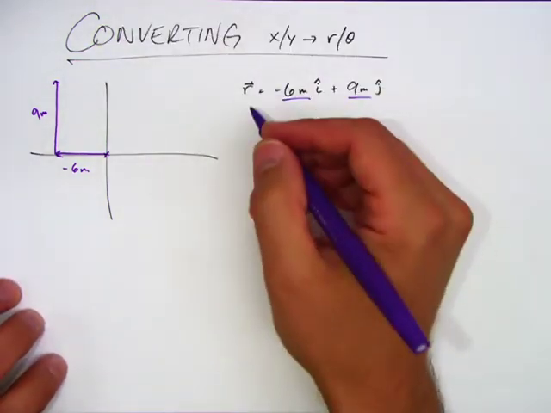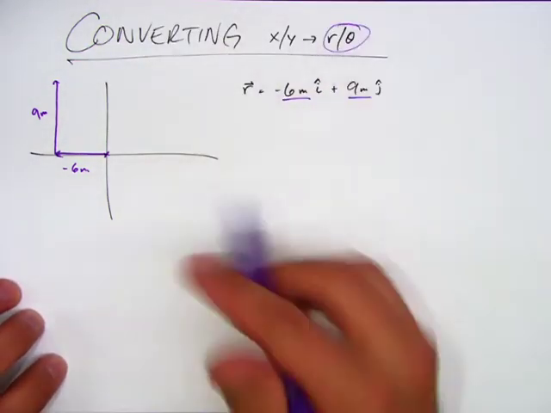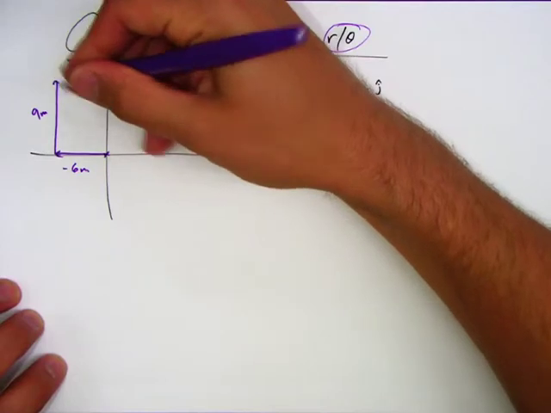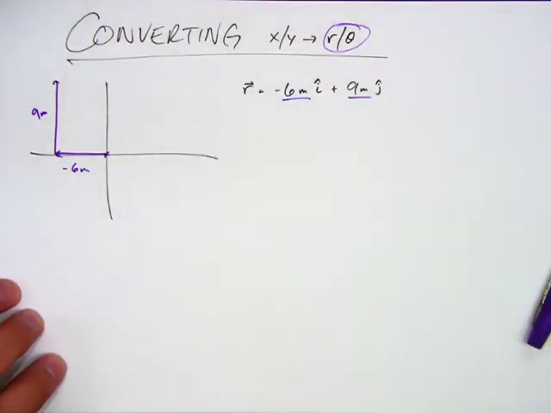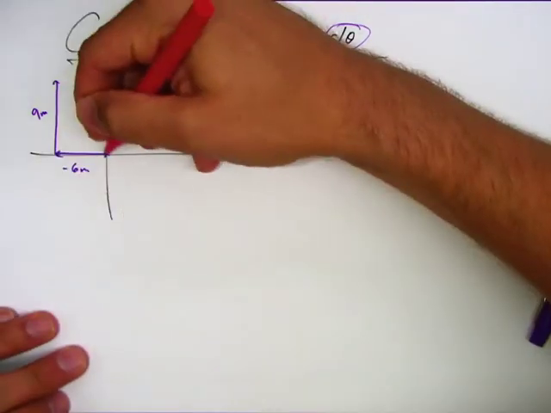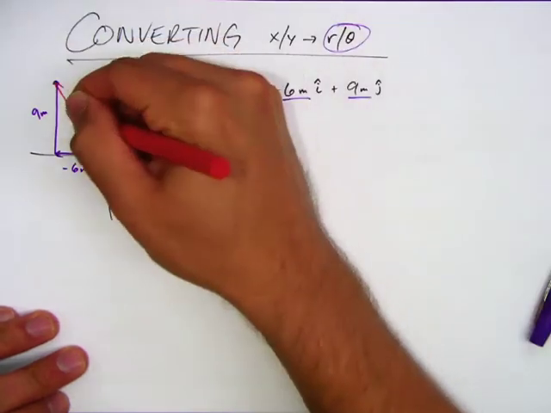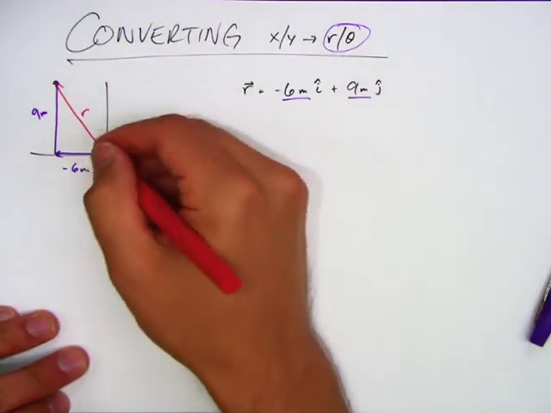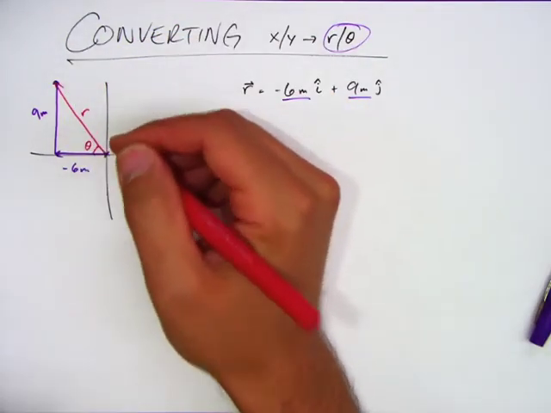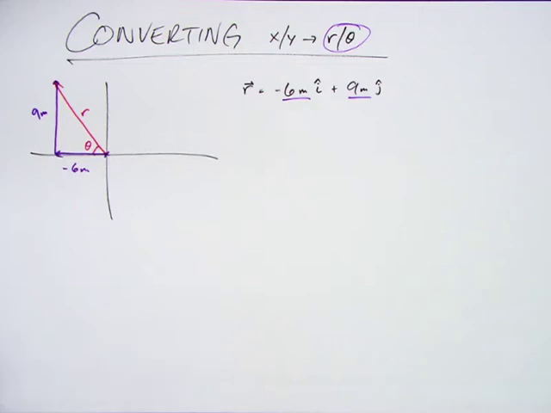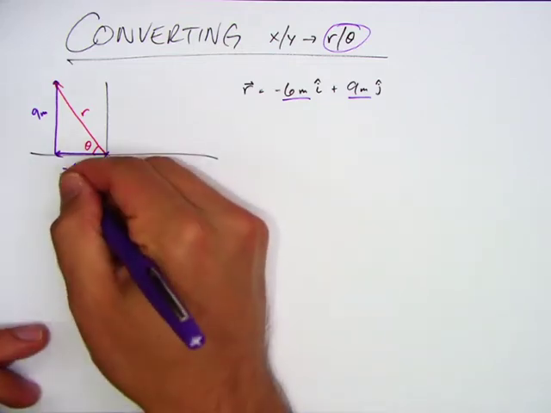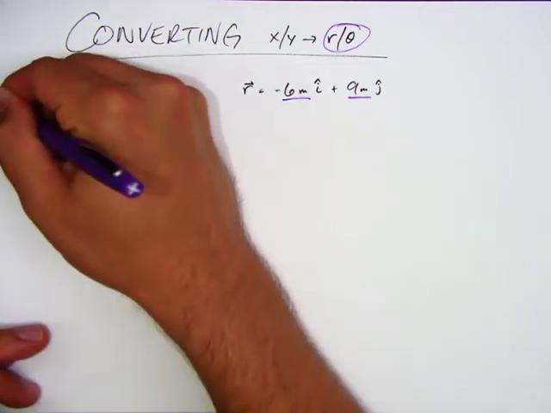Now to convert to the overall magnitude and direction, usually we try to draw these in red. I haven't been doing a good job of color coding. So we'll call that value r and that value the angle. This is like my x and my y component.